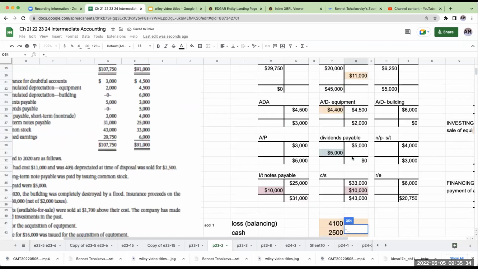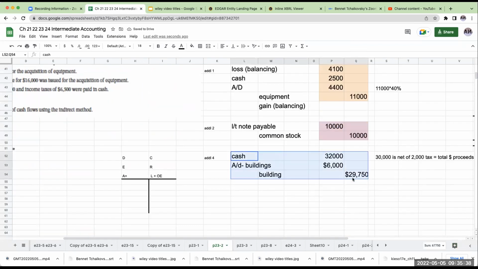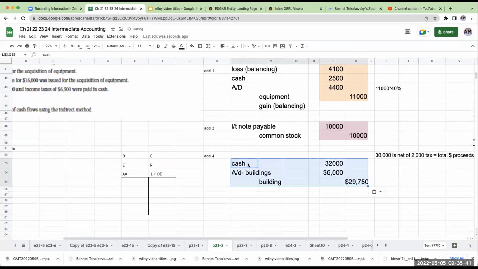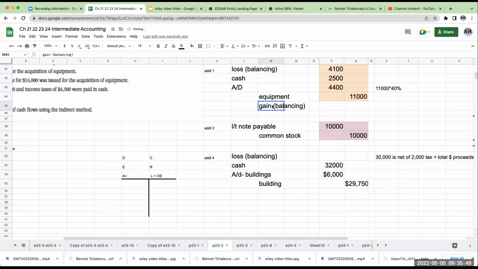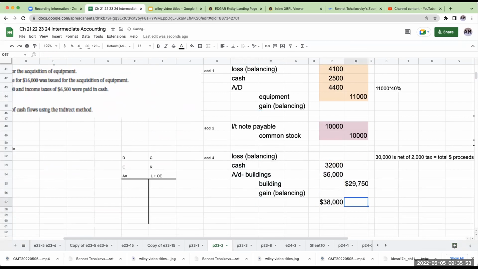The building itself was over here at 29,750. So when I look at this, do I have a loss or do I have a gain? Well, in this case, I've got 38,000 of debits. I've got 29,750 of credits. To make this balance, I'm going to need 8,250.